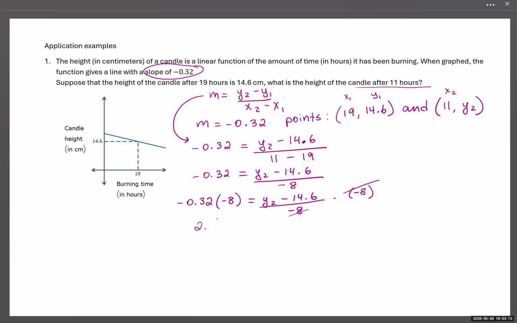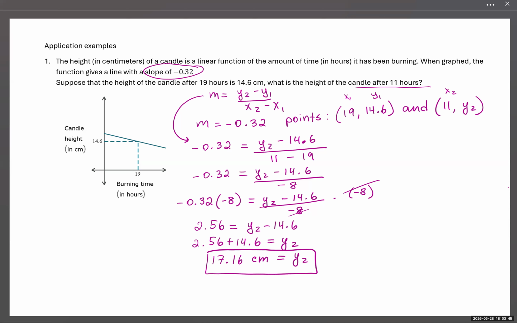That's 2.56, and y2 minus 14.6. And from here, all you need to do is just add 14.6 to both sides. 2.56 plus 14.6 equals y2. We'll go ahead and add that. That's 17.16 centimeters, because that was the height of the candle.